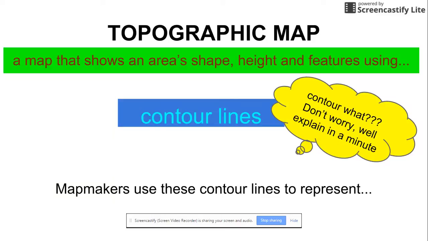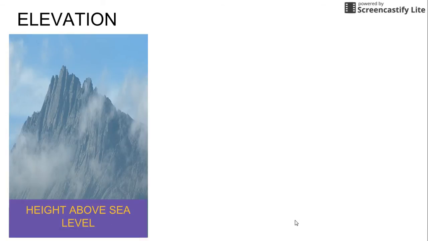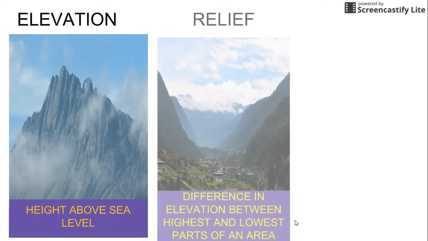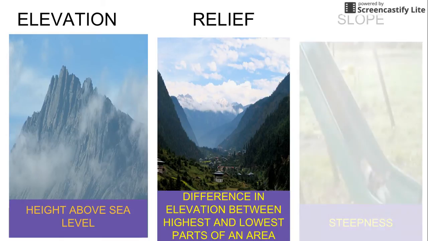But before we explain that, I want to make sure that you know that map makers use contour lines to represent three different things. We can use them to represent the height above sea level an area is, that is called elevation. We can use contour lines to find the relief of an area, and the definition of relief is the difference in elevation between the highest and lowest parts of an area.